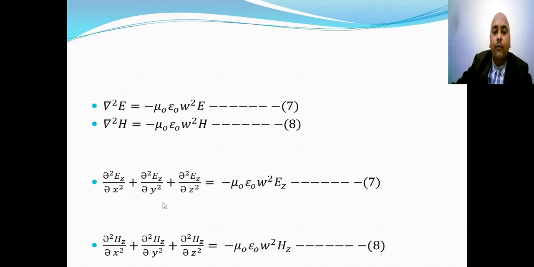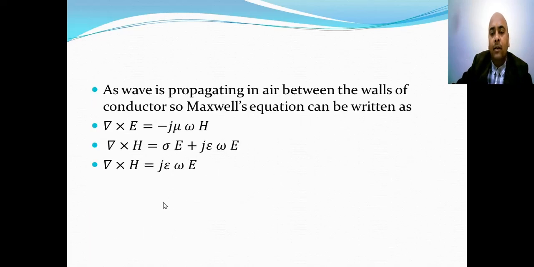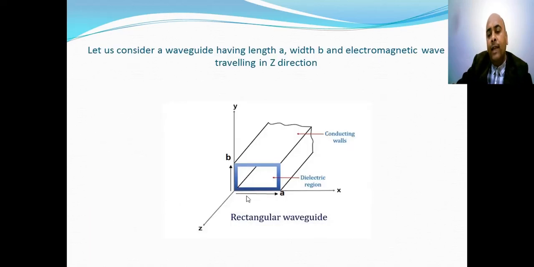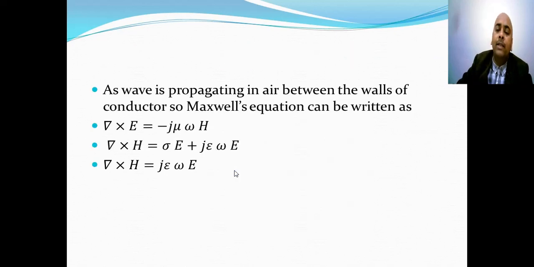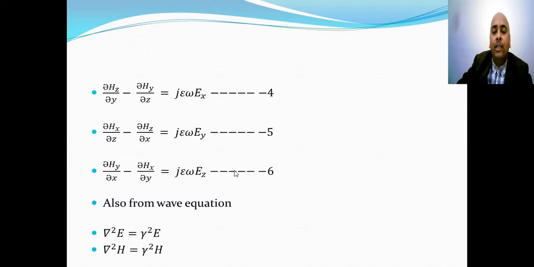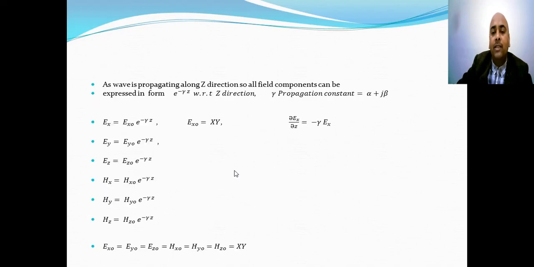Now from our previous discussion, it is a well known fact that the wave is propagating in the z direction. So for every component, that is Ex, Ey, Ez, similarly Hx, Hy, Hz, we can assume that all these components are varying with respect to the z direction.